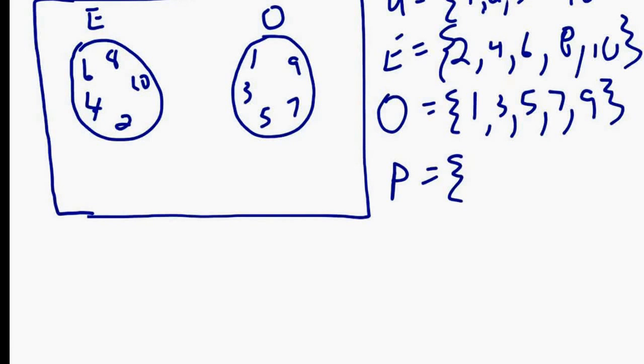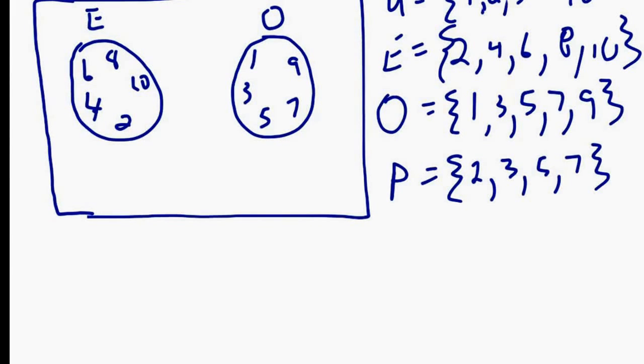Remember 1 isn't a prime, so we say 2, 3, 5, 7. Those are the only primes. Because 2, 3, 5, and 7 are already on the board, we're not going to write them twice. It doesn't make sense to duplicate them.